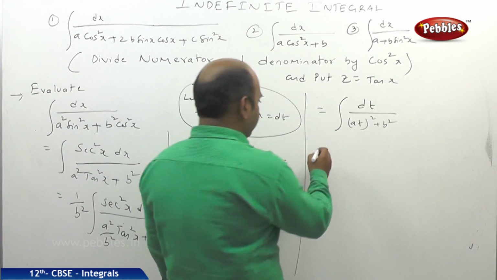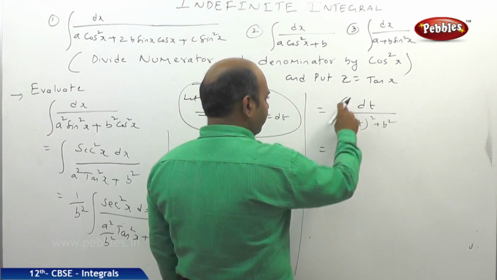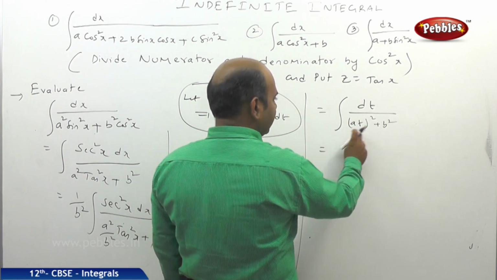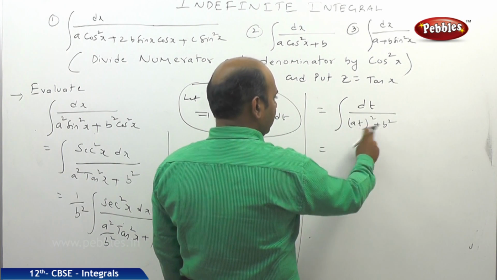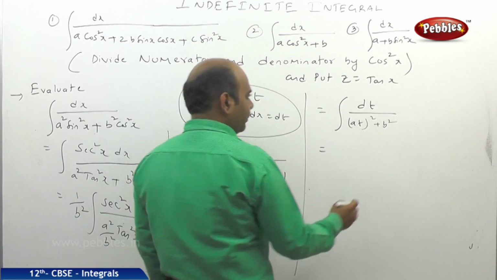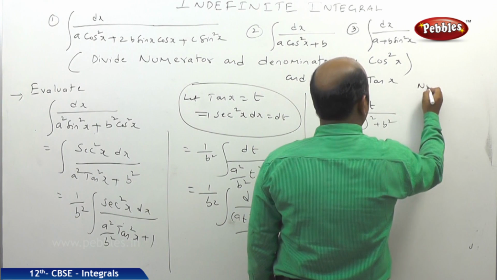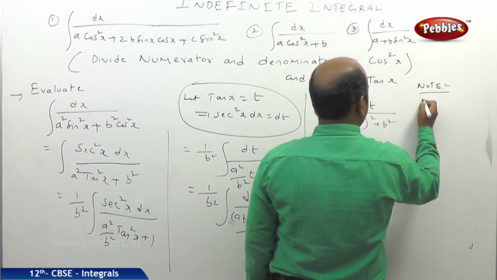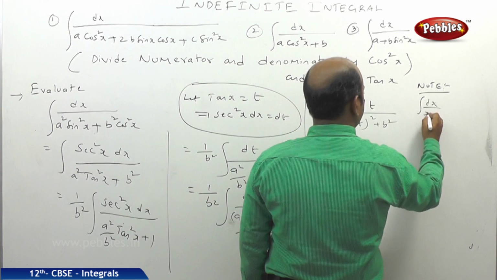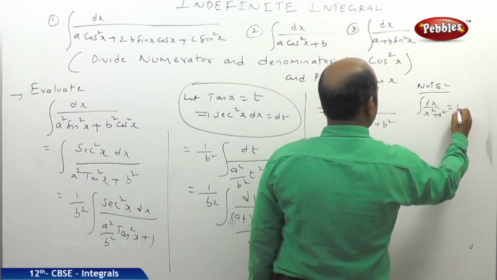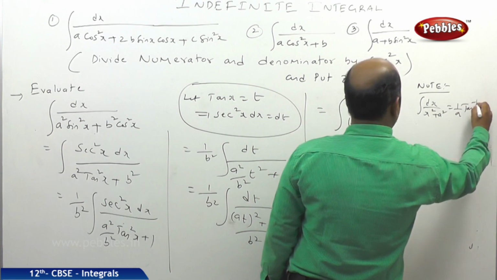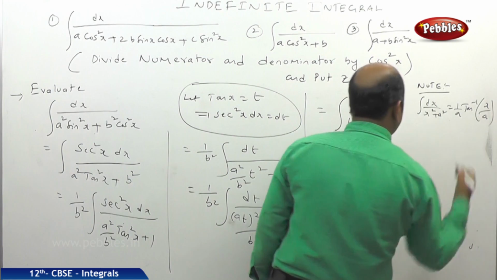Now if you observe carefully, again it is of the form dx by x square plus a square. Here I am writing the formula: integral of dx by x square plus a square is 1 by a tan inverse x by a.